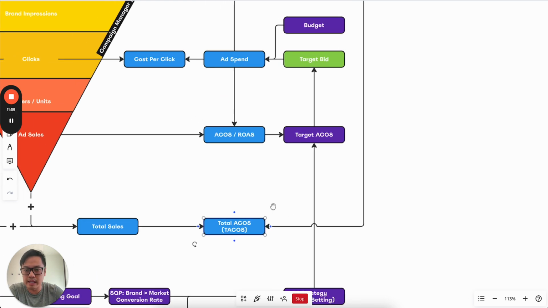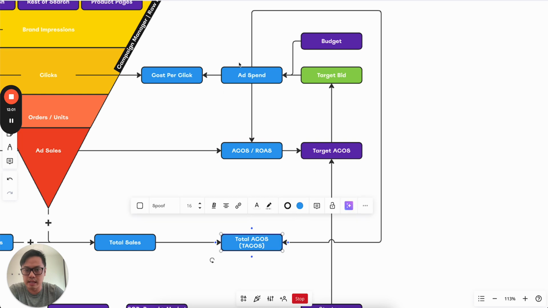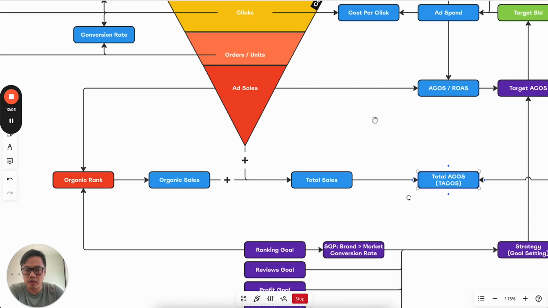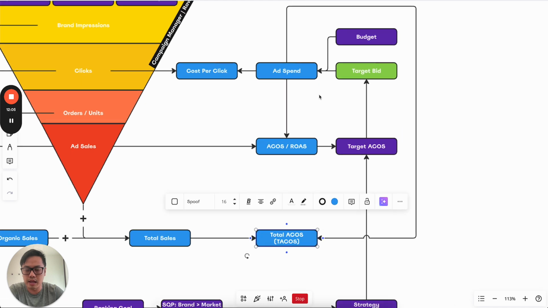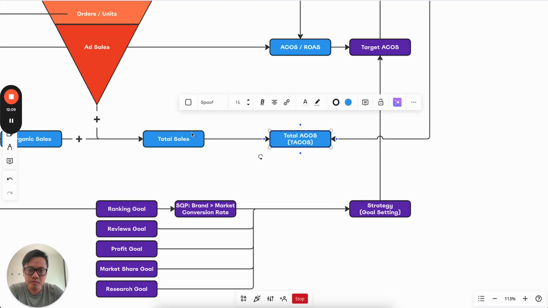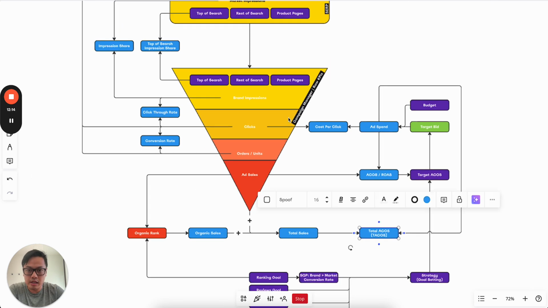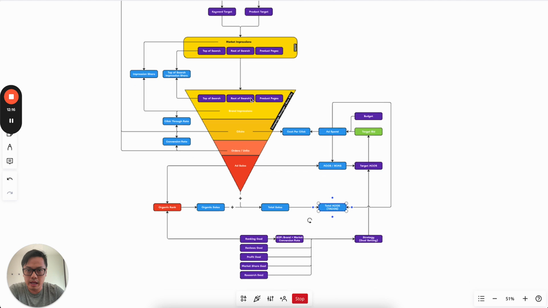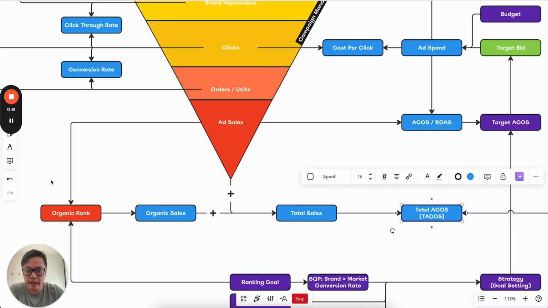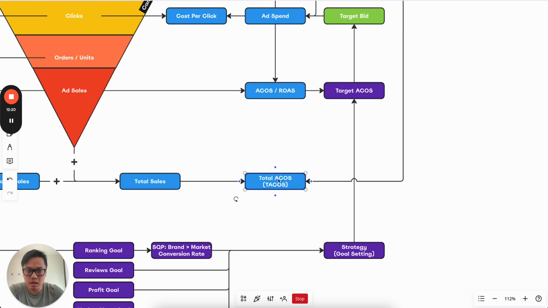It's just a lot easier to understand it at these individual levels. So that's one key thing in PPC that I think is vital. That's generally it in terms of the PPC funnel and how organic rank comes into this picture.